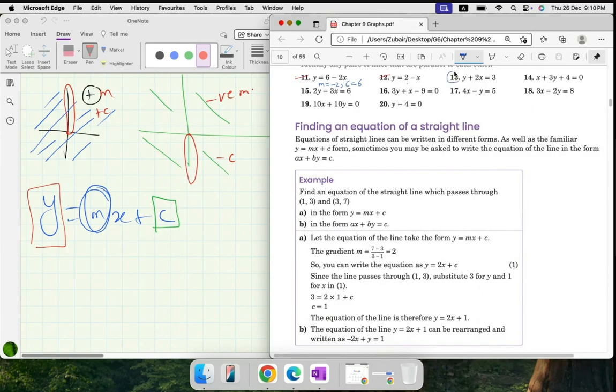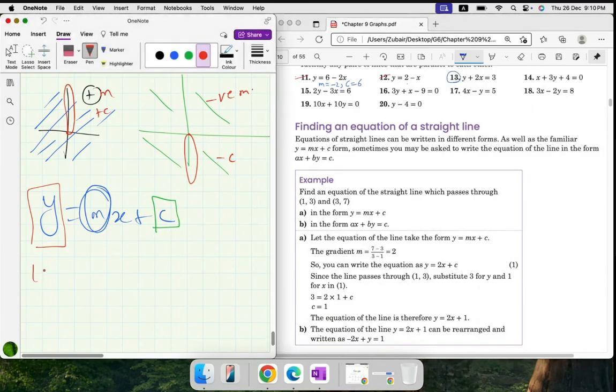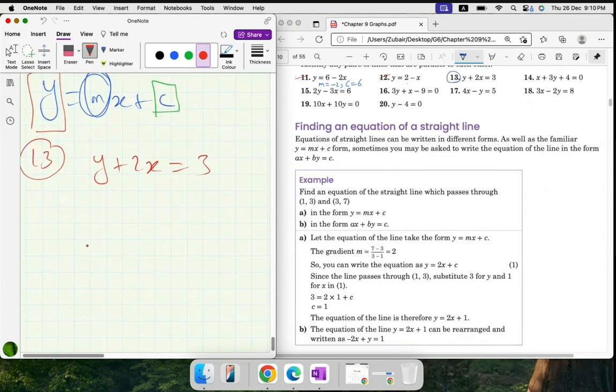Try number 13. What is the gradient? Either you do it and do the steps in your mind or on page, but yes, you will have to make y the subject to understand the gradient and y-intercept. Minus 2 will be m.